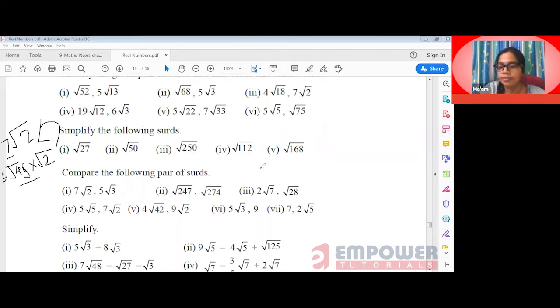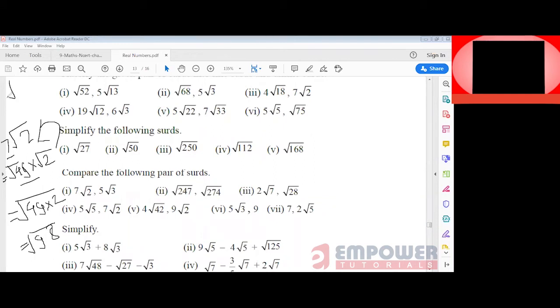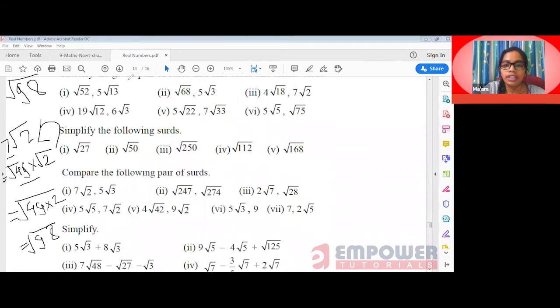Am I right? You have to write it in this form, 49 into 2. So this will be equal to how much? 98. Yes. So this is one surd. You have to convert the other one into the same form.